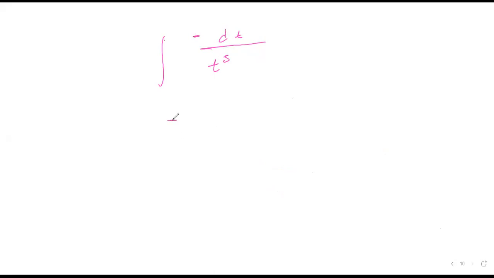After integrating, you will get 1 divided by 4t raised to the power 4 plus constant of integration k.